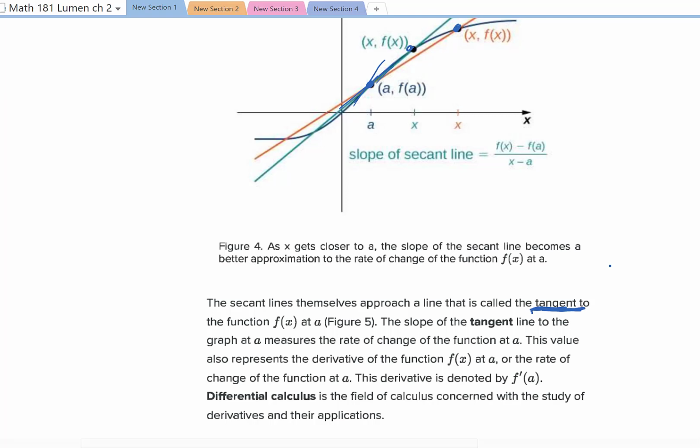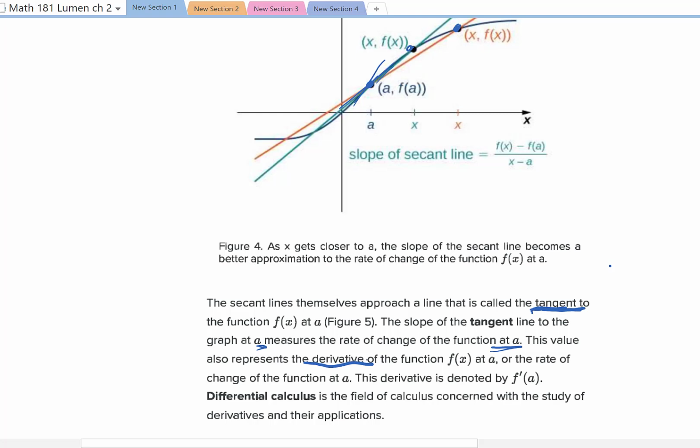So the slope of the tangent line to the graph at a measures the rate of change of the function at a. So that's what the tangent line does. It gives us the rate of change of the function at that point, which is the slope at that point. This value also represents what we call the derivative.